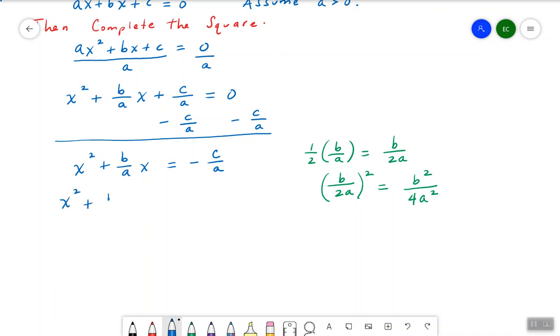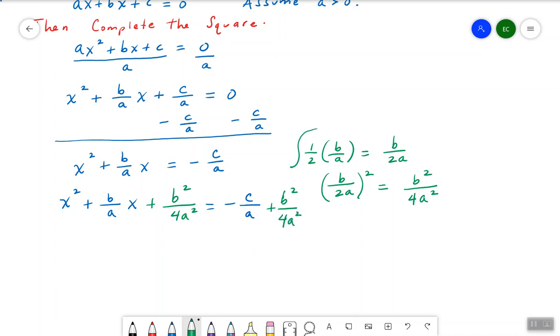x squared plus b over a times x plus b squared over 4a squared is equal to negative c over a plus b squared over 4a squared.